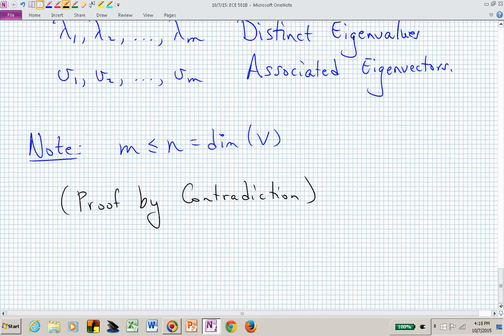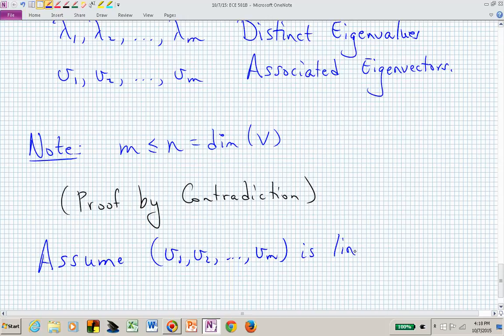Let's assume that those m eigenvectors are in fact dependent for our proof by contradiction. Let's now assume v1, v2 through v sub m, that list is linearly dependent.